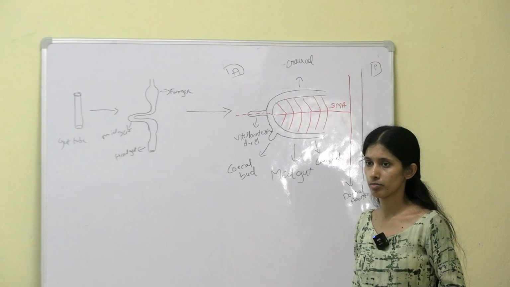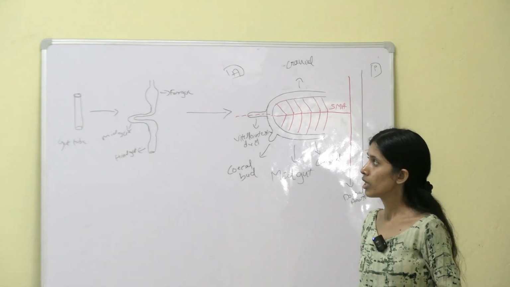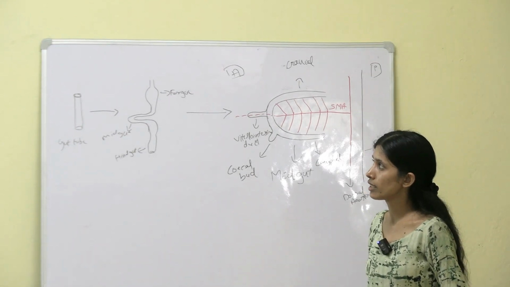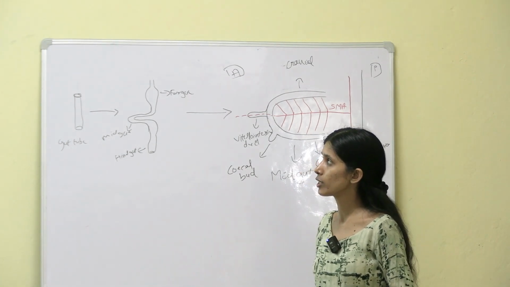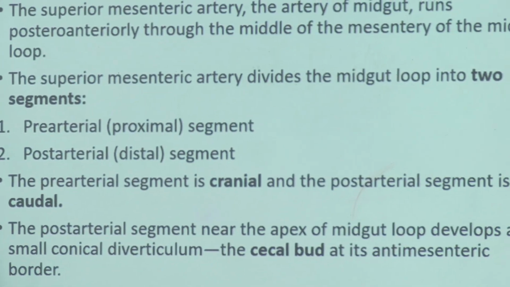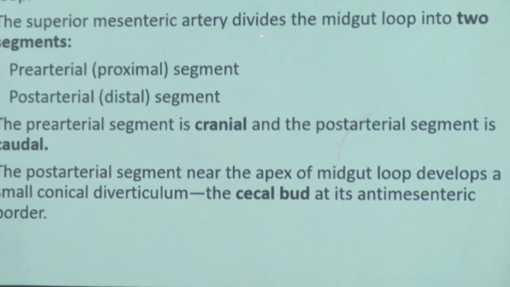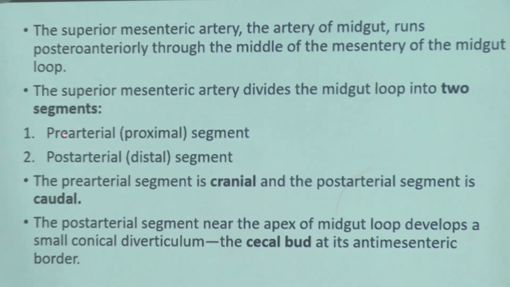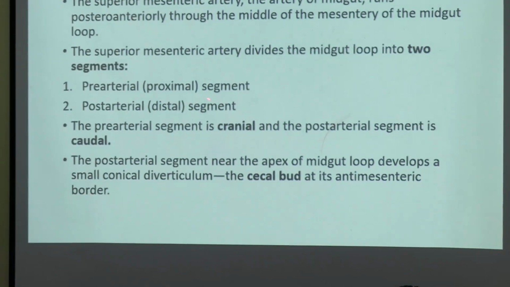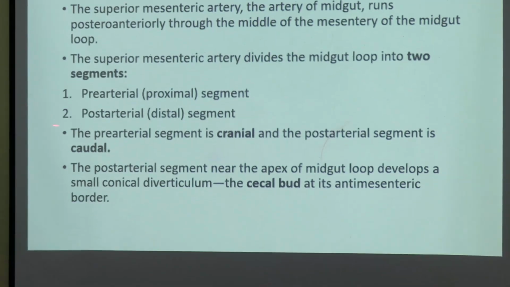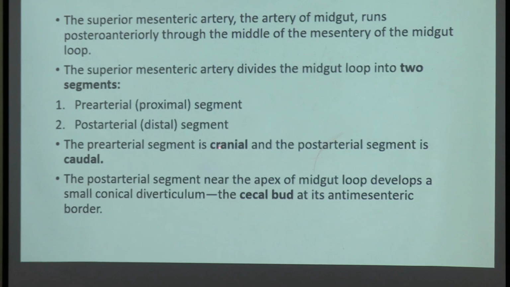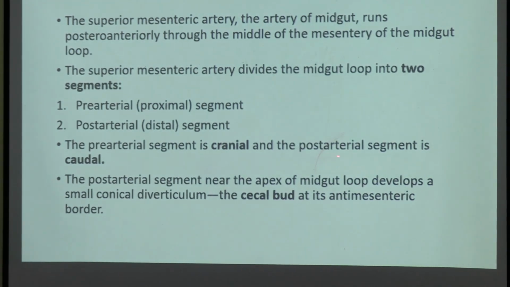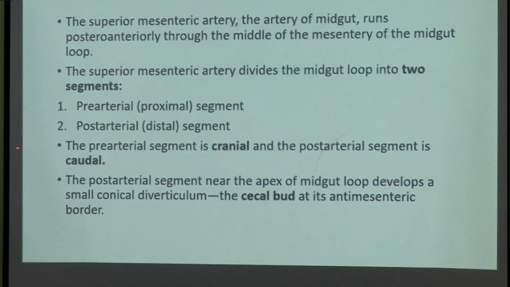Any doubts? Okay. The superior mesenteric artery, that is the artery of the midgut, runs postero-anteriorly through the middle of the mesentery of the midgut loop. It divides your loop into two segments, the pre-arterial segment, that is the cranial part, and the post-arterial segment, also known as the caudal part.